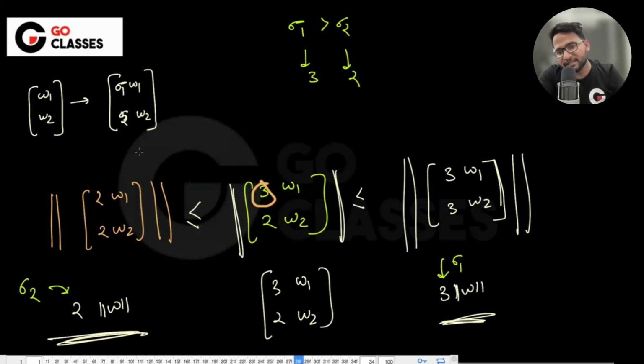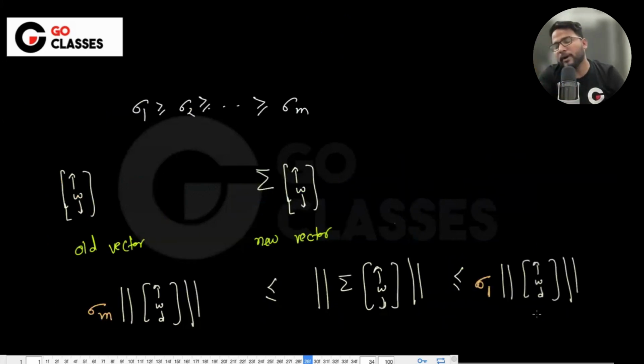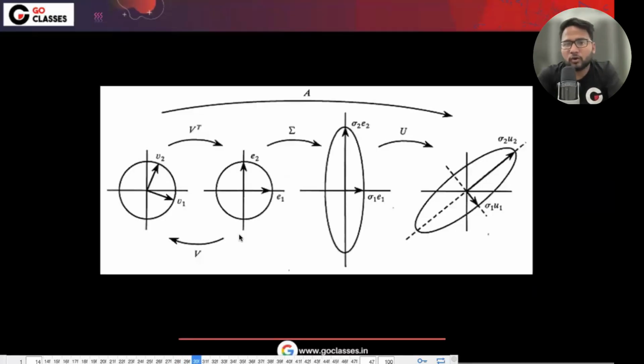If you take lesser, then it is something like this. If you take higher everywhere, then it is something like this. So basically, if you multiply by the diagonal matrix, the length of the new vector will be between the lowest diagonal entry and the highest diagonal entry. Understood?